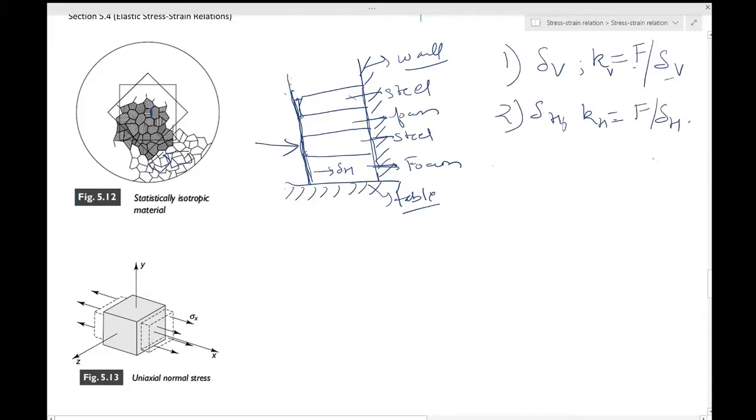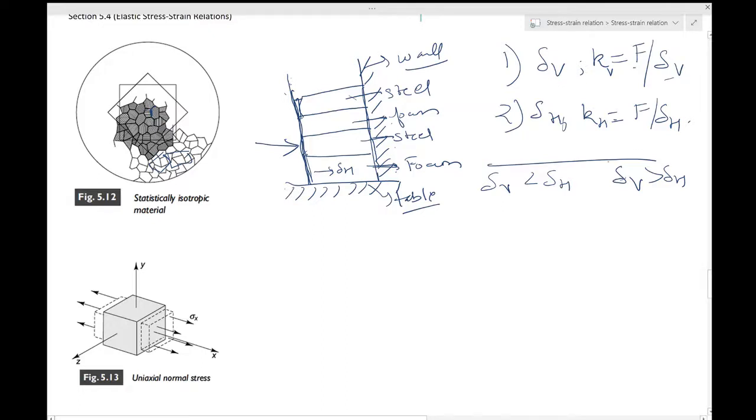Now, after having done this experiment, will delta V be smaller than delta H in this case, when you have foam and steel, or will delta V be greater than delta H? Well, you would know that the vertical deformation will be larger than the horizontal one because of the way the steel is arranged over here.